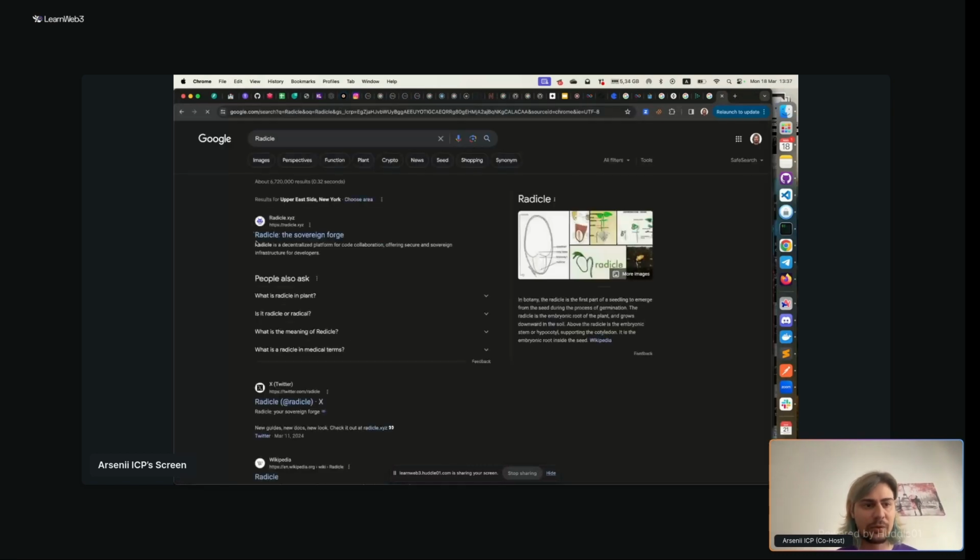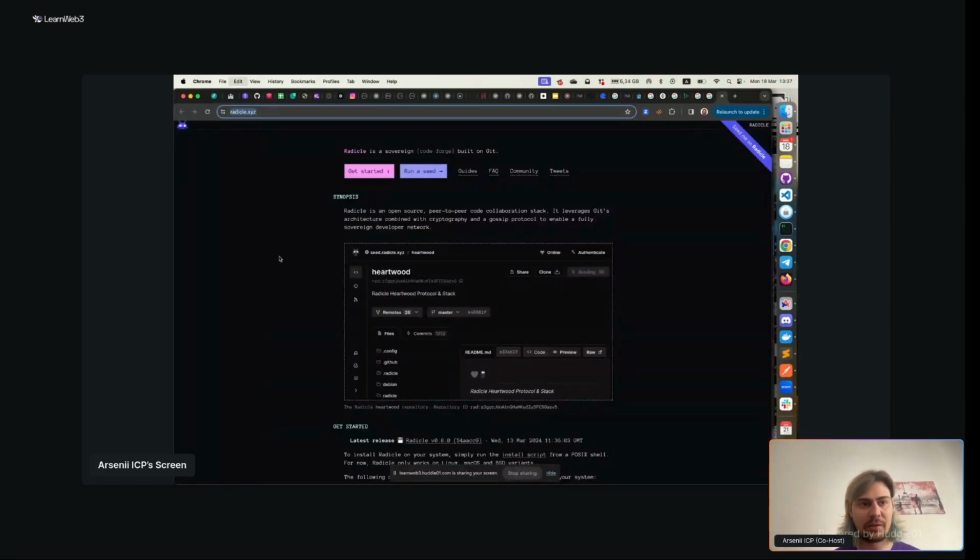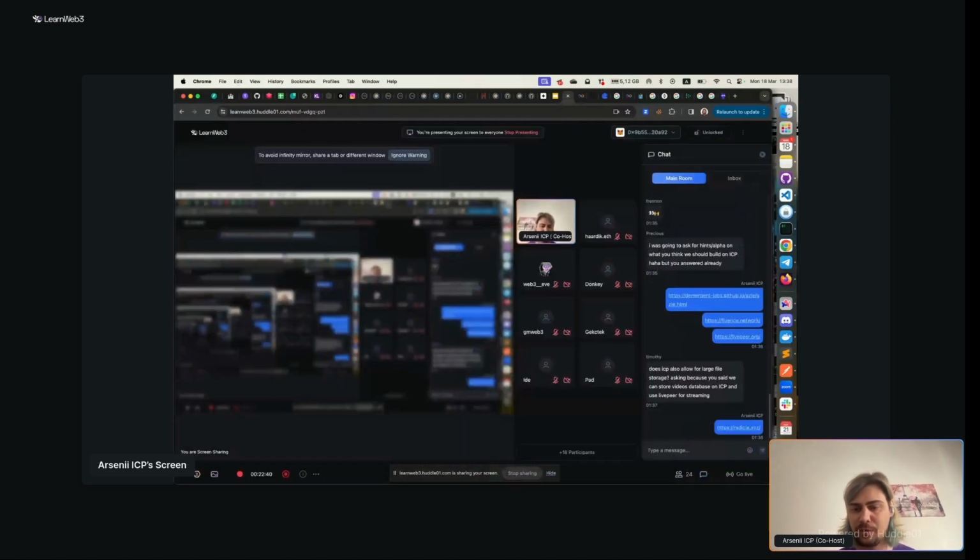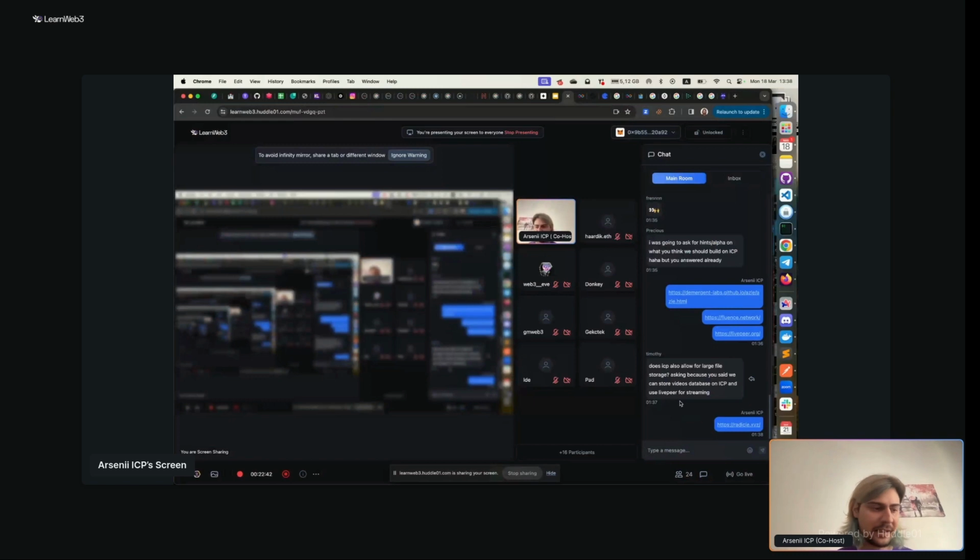But it's too decentralized, so it's peer-to-peer, with no central place with a database of repositories. But you can use Radicle as a GitHub protocol and store it in a more centralized way on ICP.